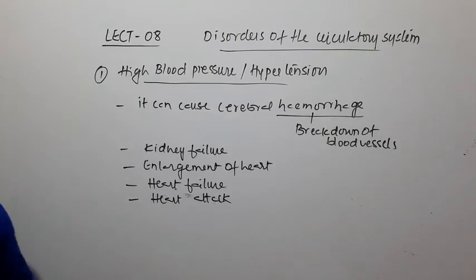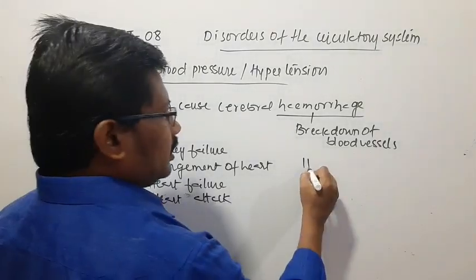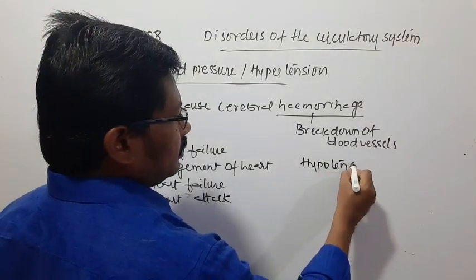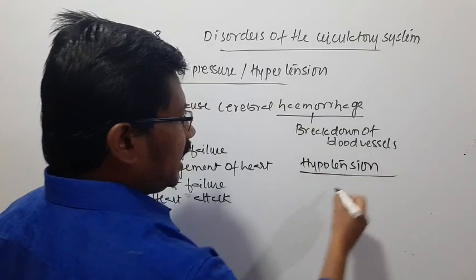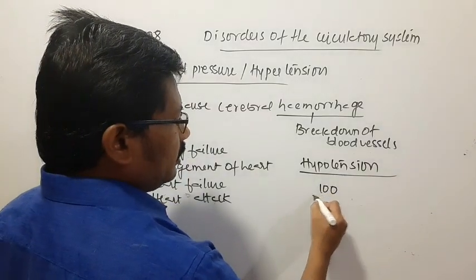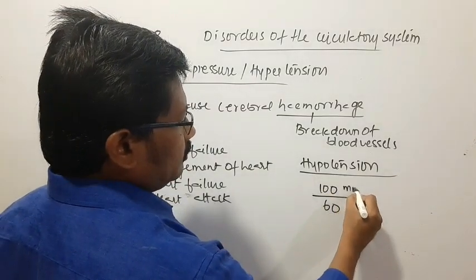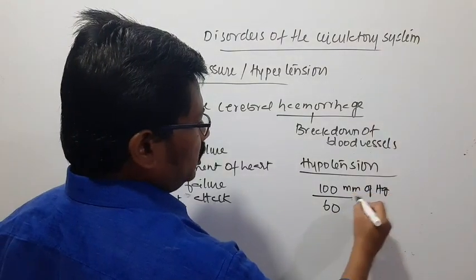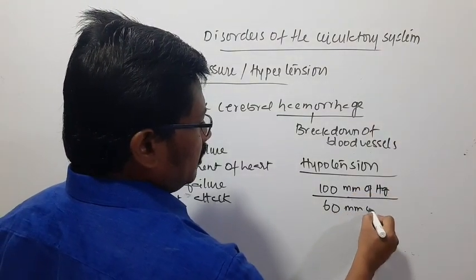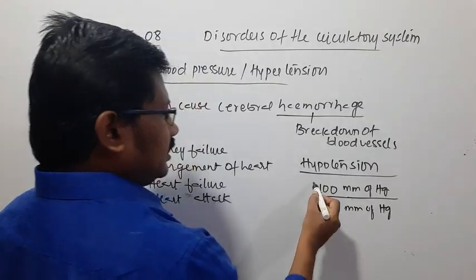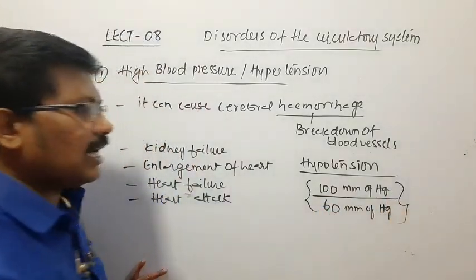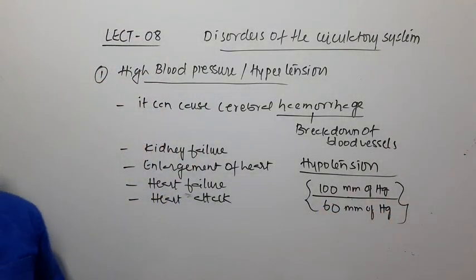Now let's see what actually is hypotension. When we see the values of 100 mm of Hg by 60 mm of Hg, then we will consider this as a hypotension problem.